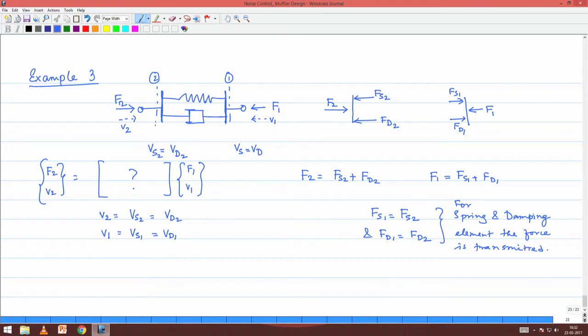So, this implies that Fs1 plus Fd1 must be equal to Fs2 plus Fd2, which means F1 must be equal to F2, right.